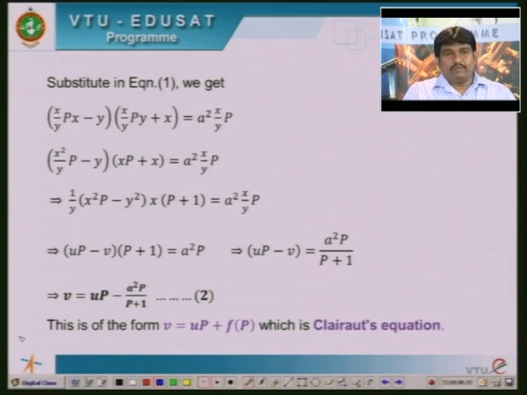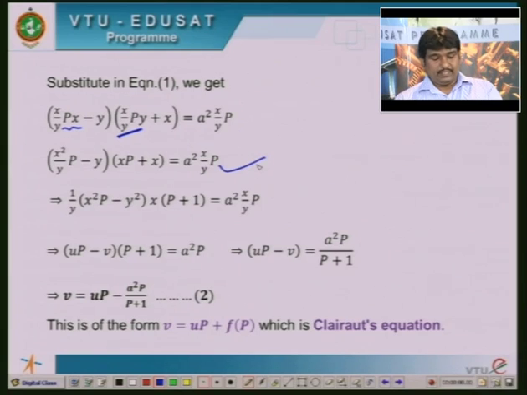Now it is x by y into P, x by y into P y plus x equals a square into x by y into P. Simplify this. x by y into P x is x square P by y minus y. Cancel y here to get x P plus x equals a square into x by y into P.